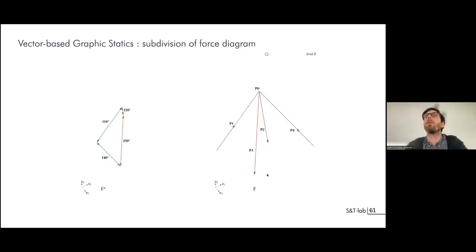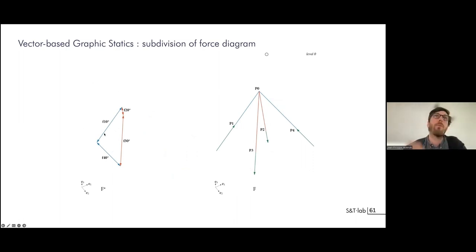Now we'll just quickly have a look at an interesting property of 3D vector-based graphic statics that also exists in polyhedral graphic statics. It's the subdivision of elements. So you have on the right one single node and the force diagram, okay?